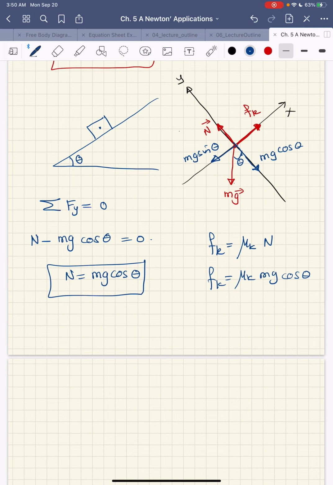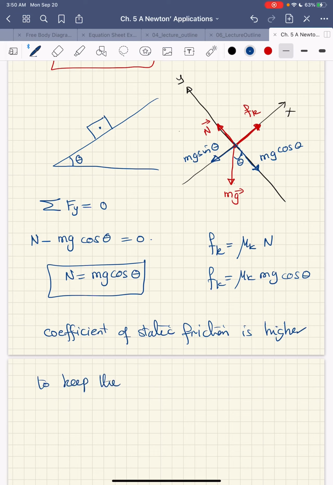Always, there is one remark: the coefficient of static friction is higher. I will say to keep the motion is easier than to start the motion.